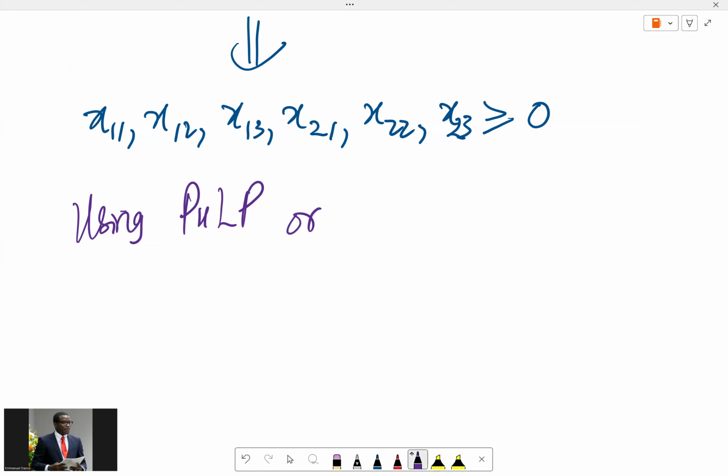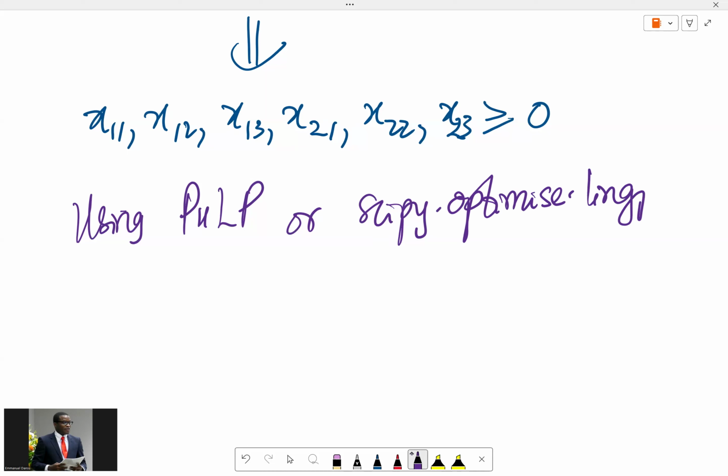You don't have to use both, but I just use both to show that. So using PuLP or scipy.optimize.linprog, that's linear programming in Python.